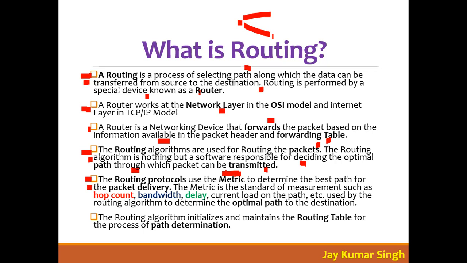The metric is the standard of measurement such as hop count, bandwidth, delay. According to these, the algorithms define the best path. The routing algorithm initializes and maintains the routing table for the process of path determination or calculation.